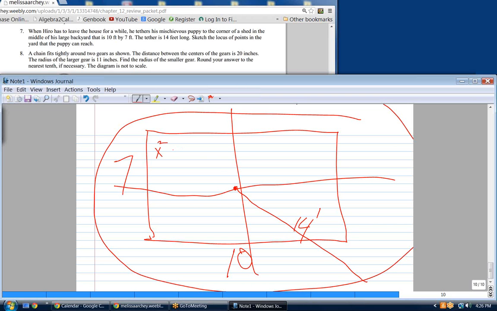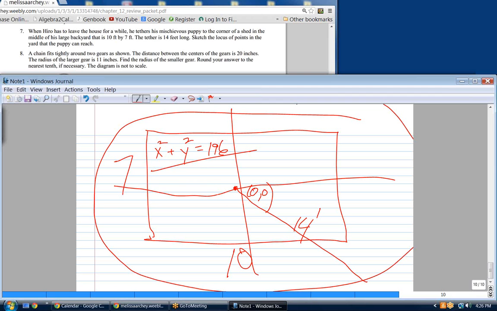The center of the grid is 0, 0. So we know it's (x minus 0) squared plus (y minus 0) squared. And what's the radius of the circle? 14. 14 squared is 196.